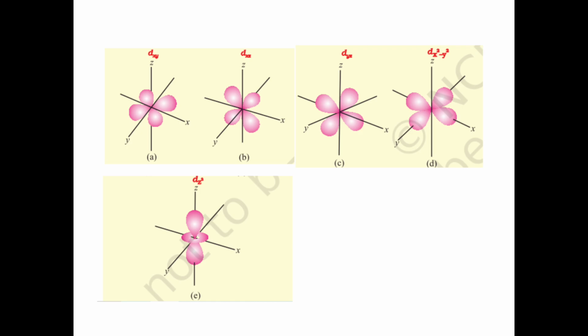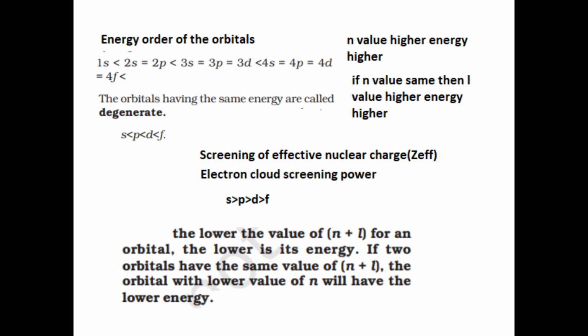These are the d orbitals: dxy, dxz, dyz, dx square minus y square, and dz square.